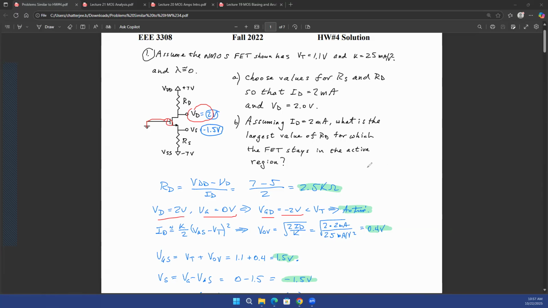So what we wanted to remember was basically if your VDS is higher than V overdrive, then the transistor is in active region, which is the same as saying your VD minus VS is higher than VGS minus VT.